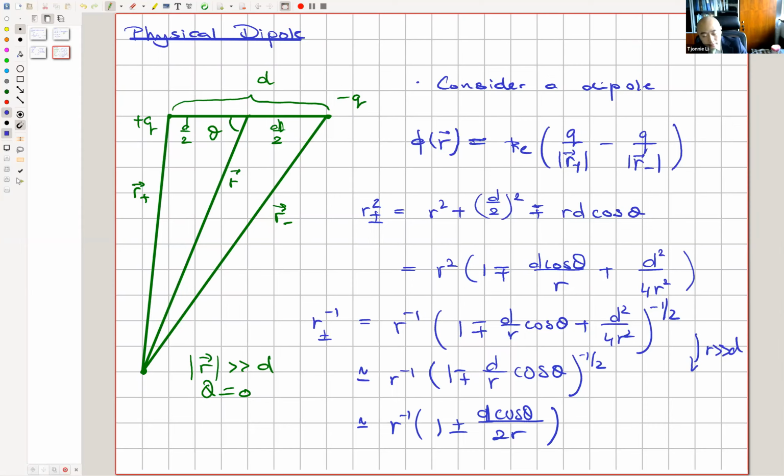Okay, so again, this is under the assumption that d over r is small. This is then how I can use the binomial approximation by bringing the minus 1/2 down. Now we are on our way. We have a way to express r plus and r minus in terms of just r.